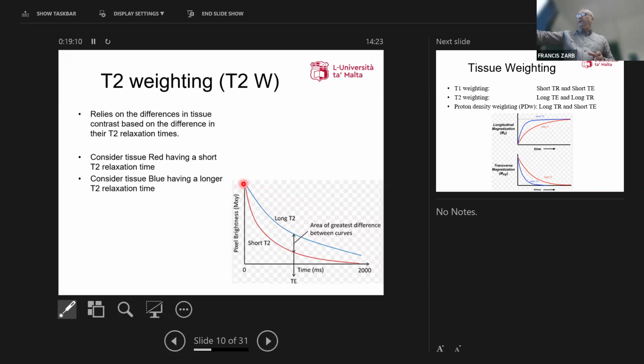There is a difference between them. The red has a shorter T2 than the blue one. The blue one has a longer T2 relaxation time. Okay? So the time for the echo should be somewhere in between. It's the same principle which we applied for T1.